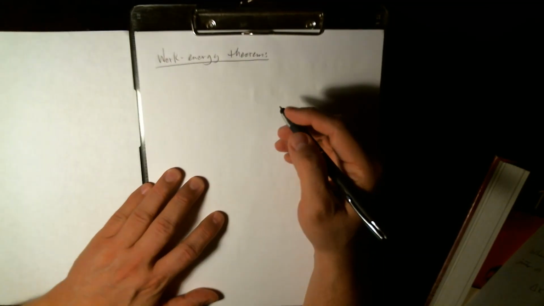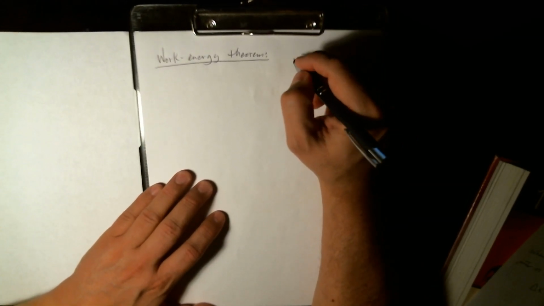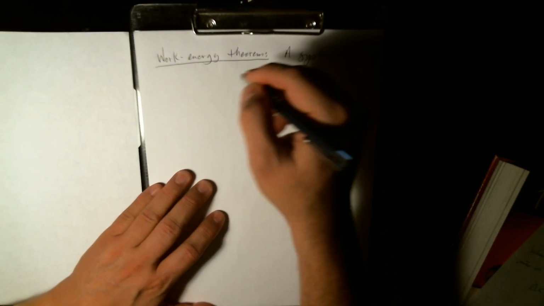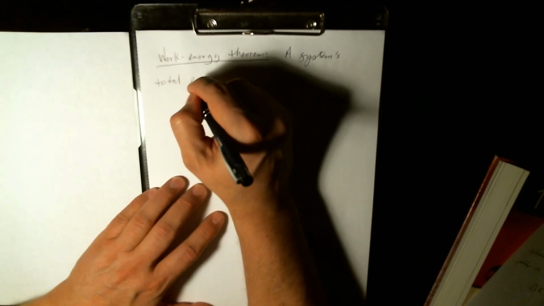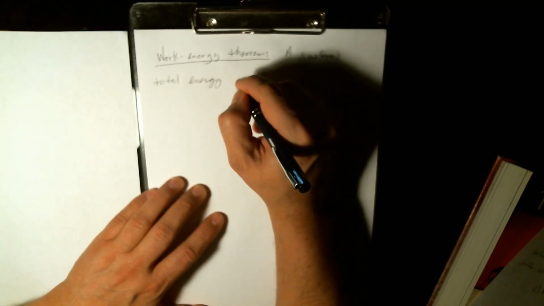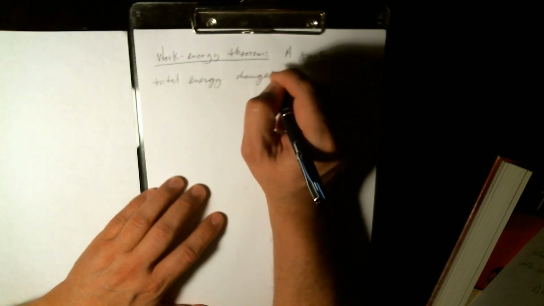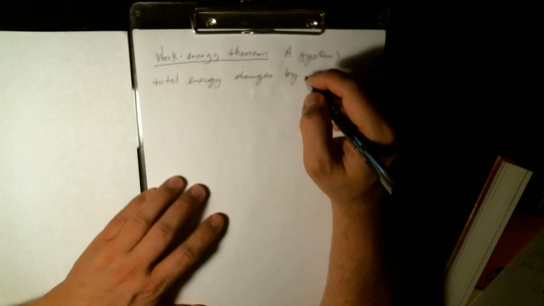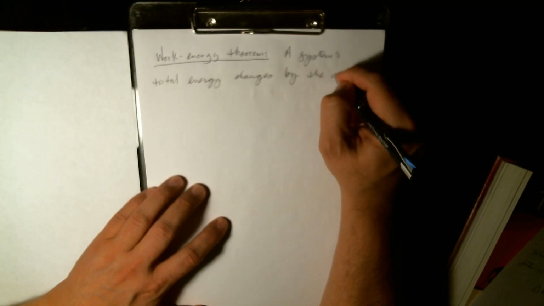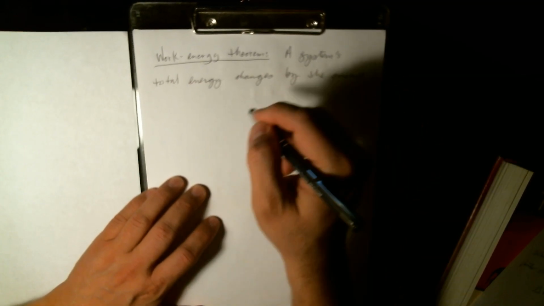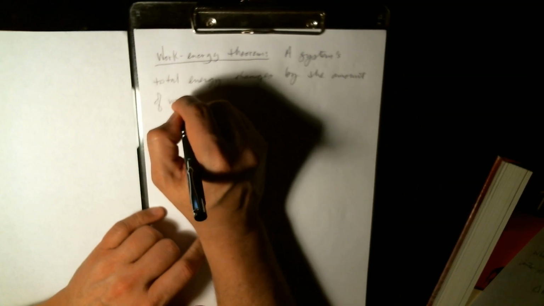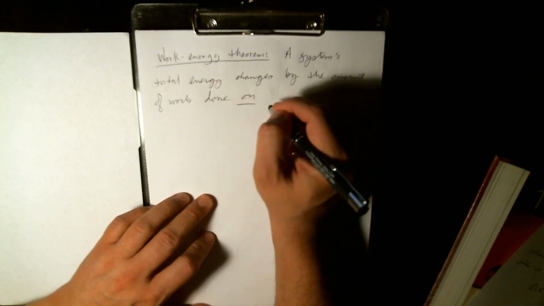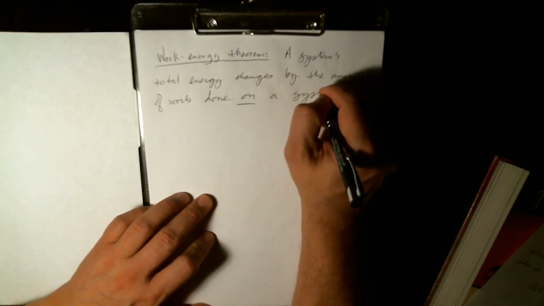And the Work-Energy Theorem essentially says that a system's total energy changes by the amount of work done on a system.